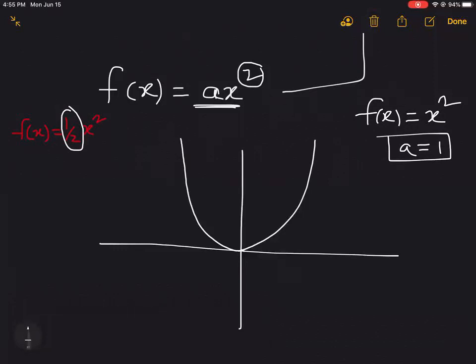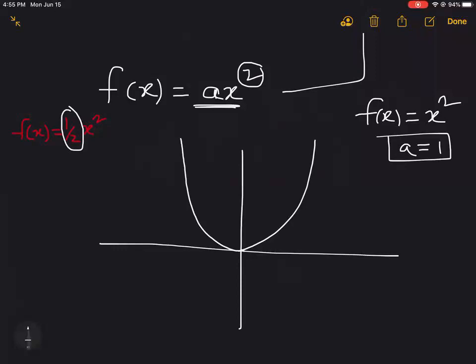Can you see that? From the stretching and compressing, your intuition should say this graph will be stretched by half, or sorry, my bad, by 2, right?